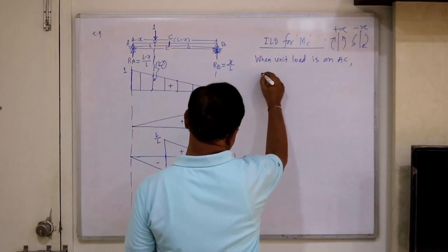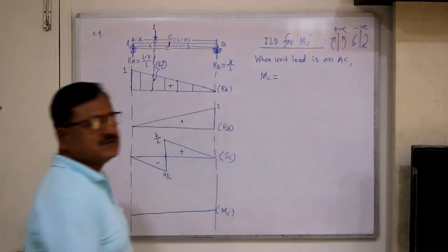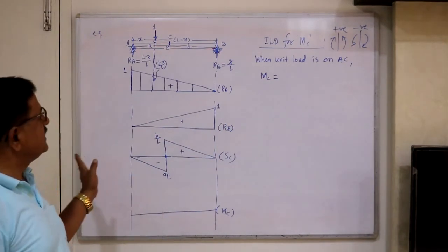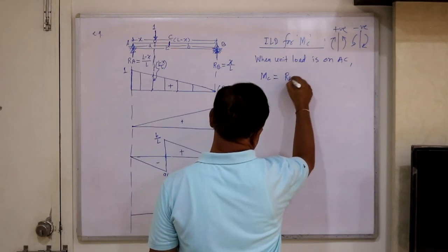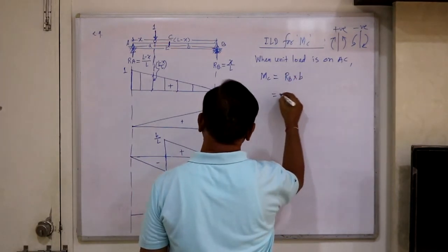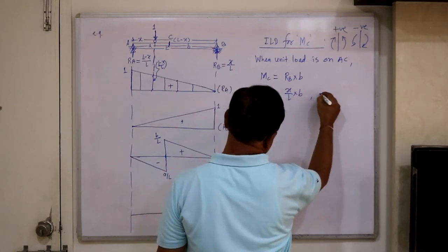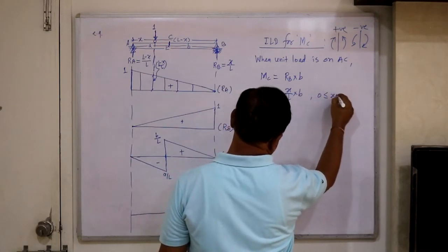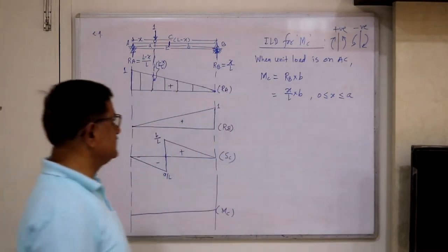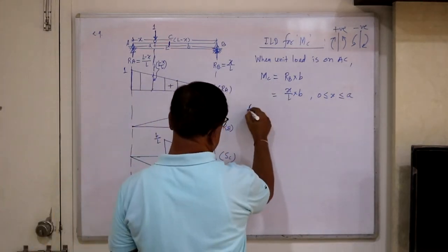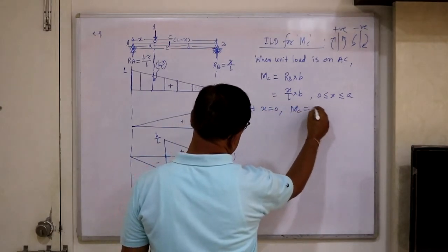Now bending moment MC is equal to, when the unit load is on the left of the section, RB sagging, so this is RB into B. What is RB? x upon L, into B. And applicability is 0 less than or equal to x less than or equal to A. So the minimum value of x is 0, the maximum is A. At x equal to 0, bending moment is 0.